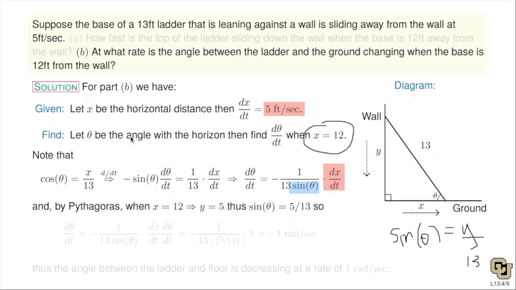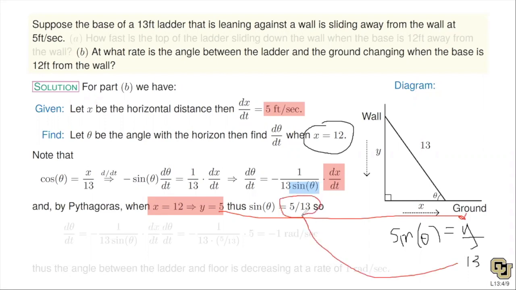And so using the Pythagorean theorem, I can solve for y. I know that when x is 12, y is 5. So now here I can plug in the 5, and I can find sine of theta. Sine of theta turns out to be 5 over 13 when x is 12 at this instant.